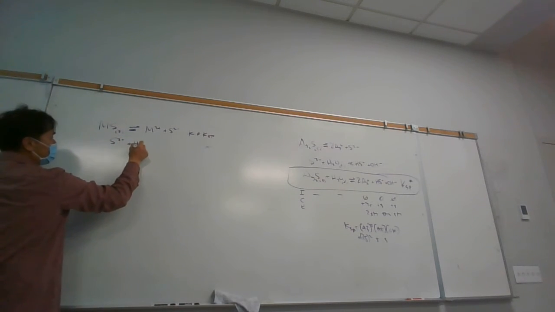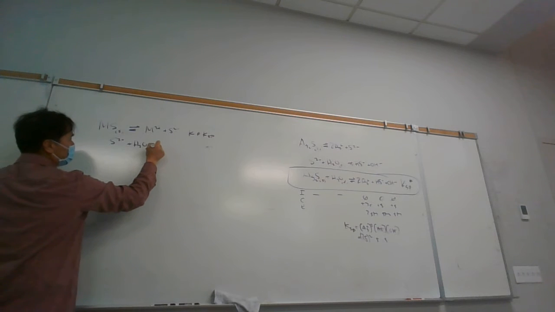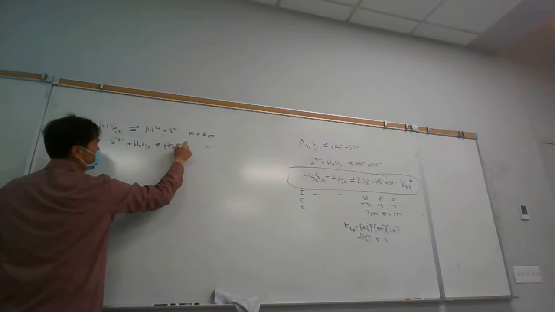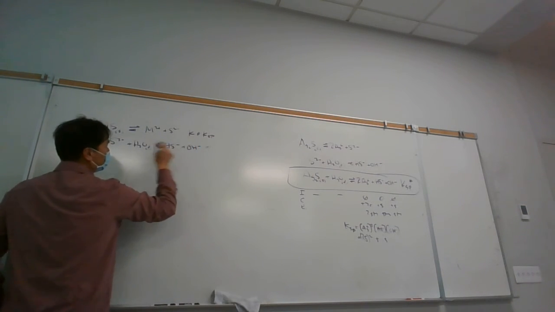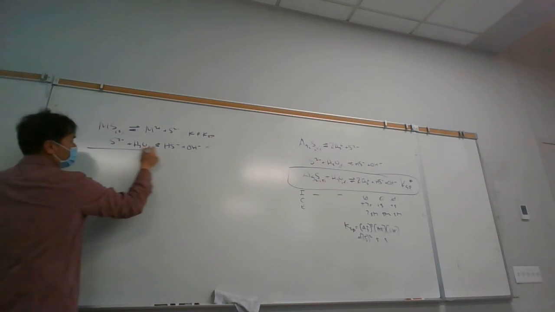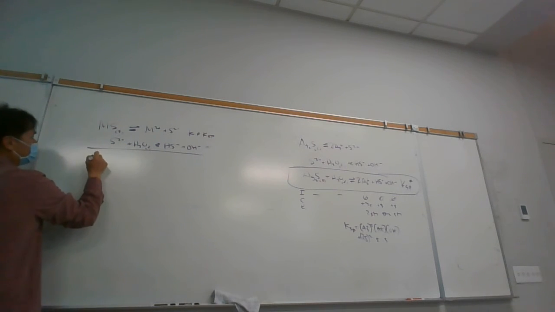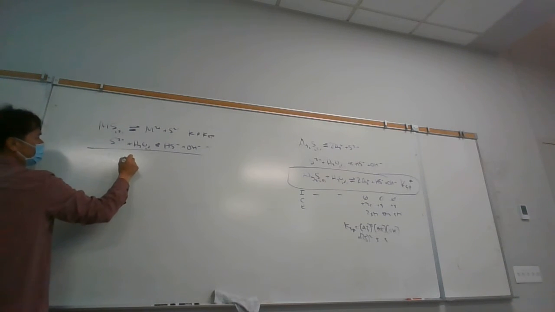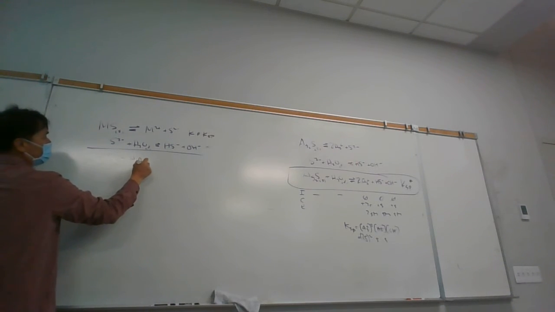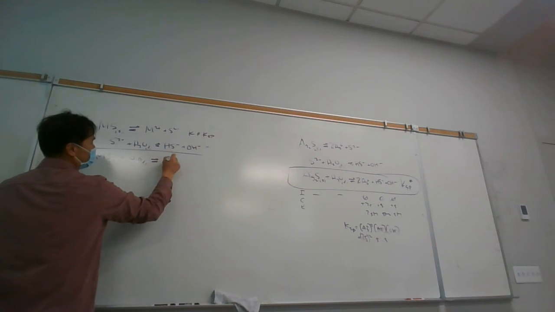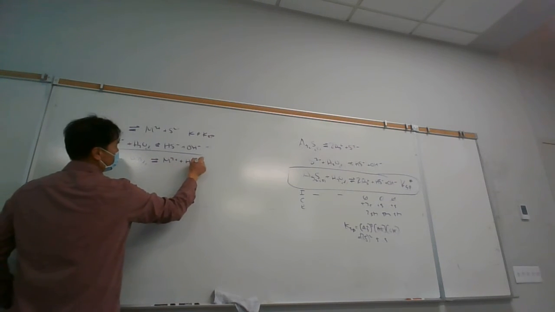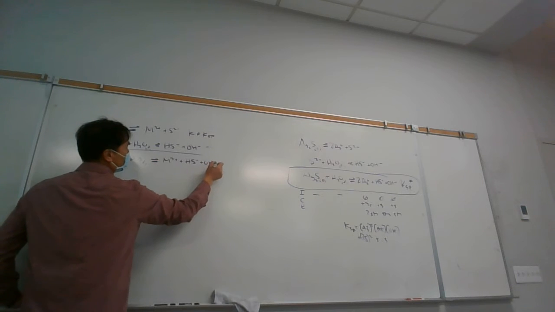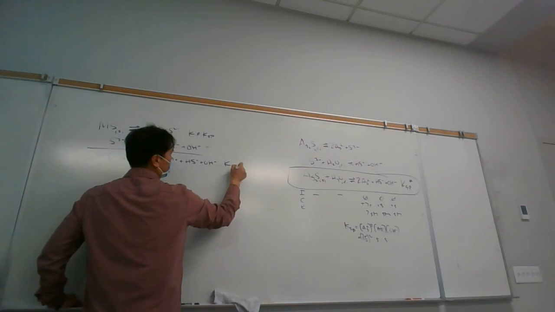So sulfide reacts with water to produce HS minus plus OH minus. Then we add these two up. The sulfides cancel, so we have metal sulfide plus H2O liquid yields metal 2 plus, HS minus, plus OH minus. This is what we call KSP.